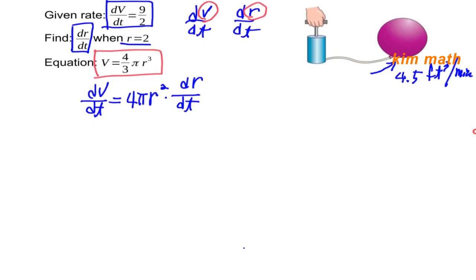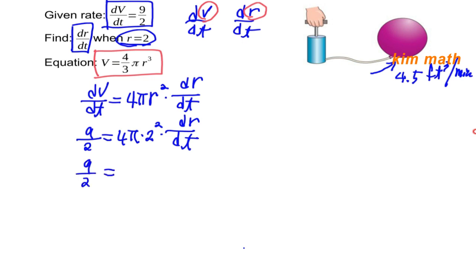What is dV/dt? It is 9/2. 4 pi r, where r was given as 2, squared, right? And dr/dt. Good. So 9/2 equals 16 pi times dr/dt.